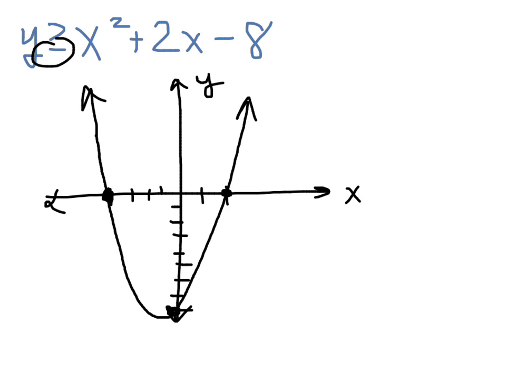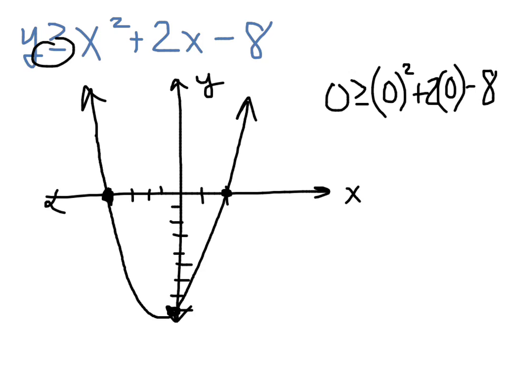Now, here's my question. What ordered pair would you like to use for this problem? 0, 0. As long as it's not on the parabola itself, it's okay to use. Is 0, 0 inside the bowl or outside the bowl? It's inside this time. So when I plug 0, 0 in, 0 is greater than or equal to 0 squared plus 2 times 0 minus 8.